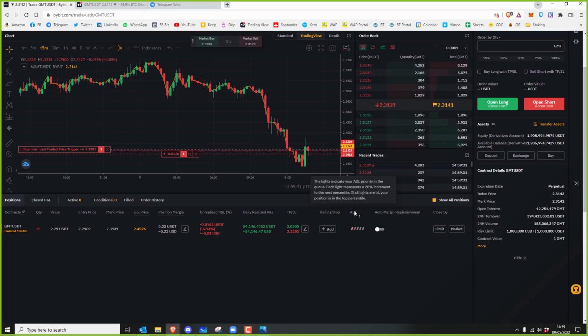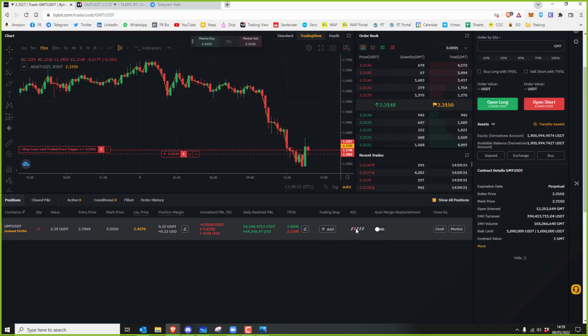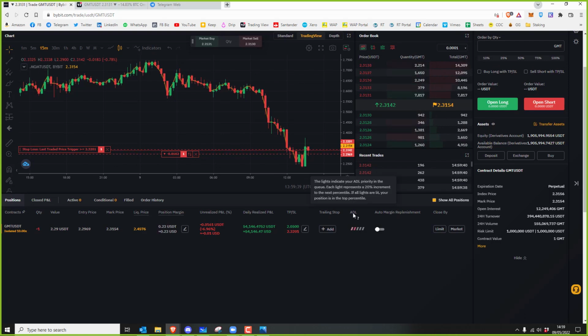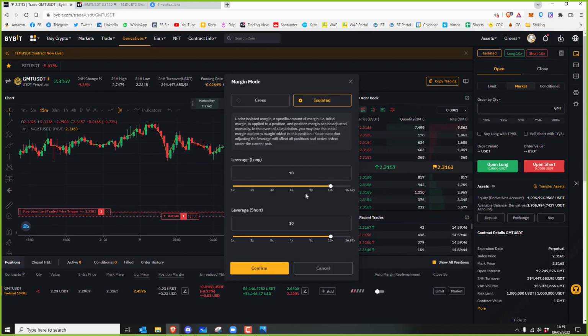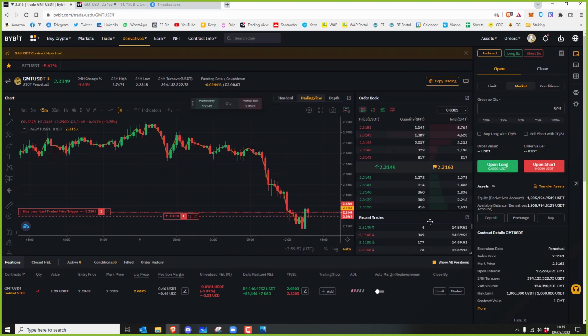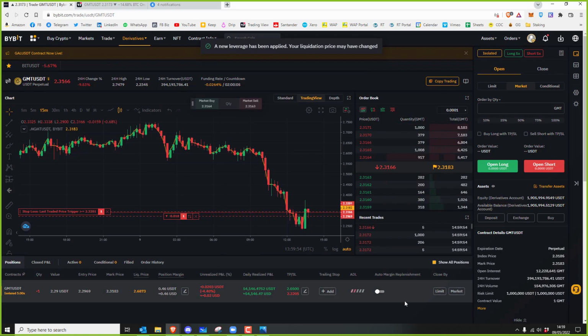But if you trade properly, like we do in RT, this will never be an issue. Same with auto margin replenishment. These two things exist because the whole market is full of degens that don't know what they're doing, placing trades at 50x leverage or whatever. In fact, before I go any further, I need to make sure I put these back to 5. Yeah, so you don't need to worry about that.